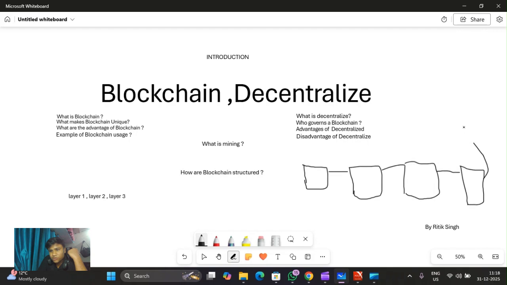When the supply goes to the end, this is the head, and that is called the tail.